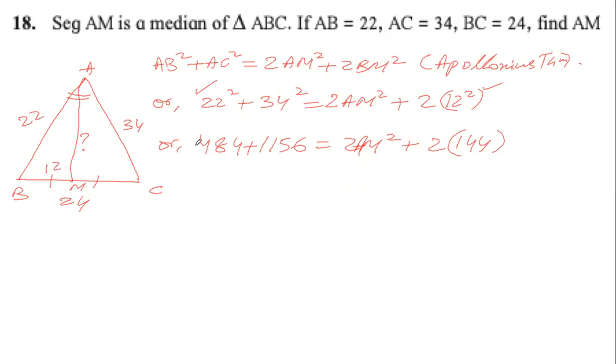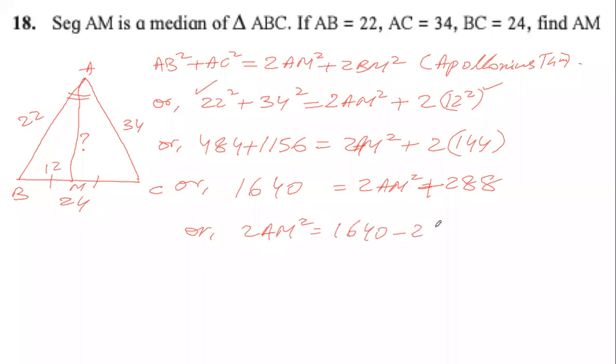I hope you did it on your own and did not use the calculator. Add 484 and 1156. How much is it? Waiting for your answers. 1640, correct. So we will say 2AM square equals 1640 minus 288.